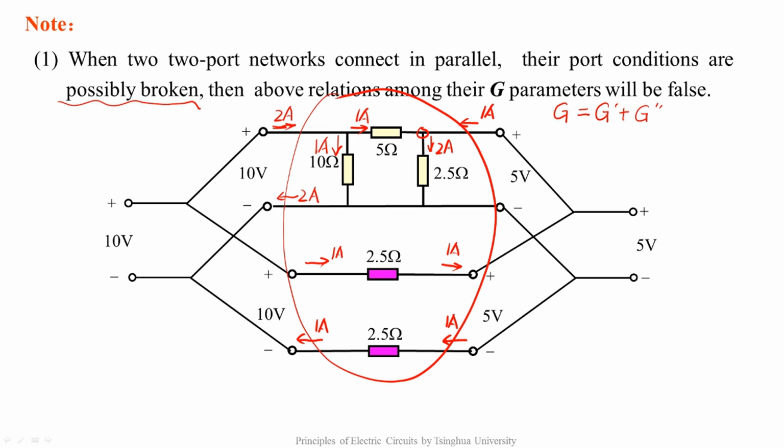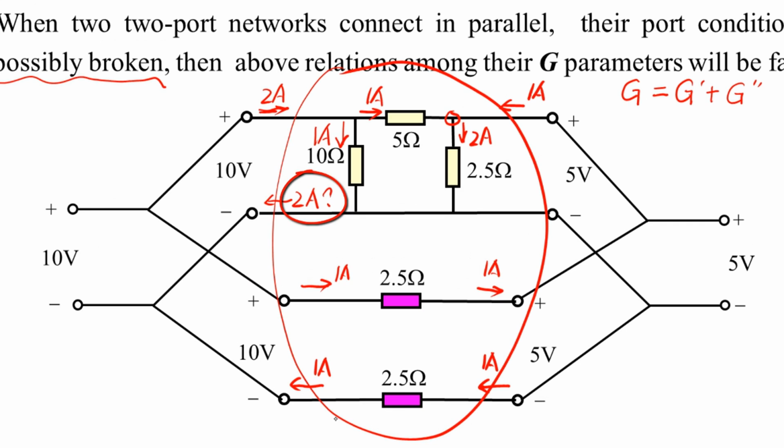What's the variance of the port currents after the parallel connection? For this two-port network, the port voltages are unchanged, so the currents of each branch are still 1 ampere, 1 ampere, and 2 amperes. Here is 1 ampere and here is 2 amperes. But is the current here still 2 amperes?